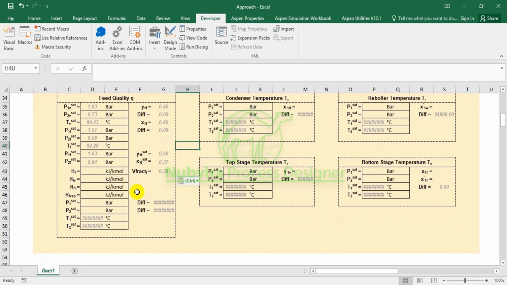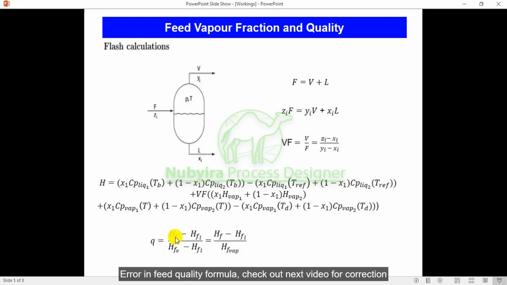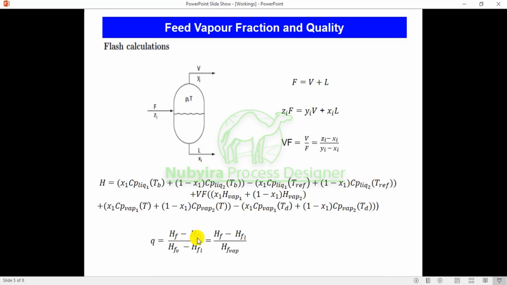So the next thing is the enthalpy. The major reason why we are doing all these vapor fraction calculations is to get the feed quality, and the formula for the feed quality is given here. That is the enthalpy of the feed minus the enthalpy of the feed at saturated liquid condition, over the enthalpy of the feed at saturated vapor minus the enthalpy of the feed at saturated liquid, which is just like the heat of vaporization of the feed.